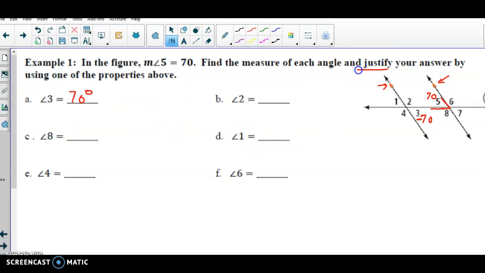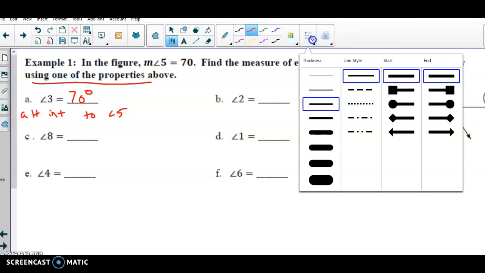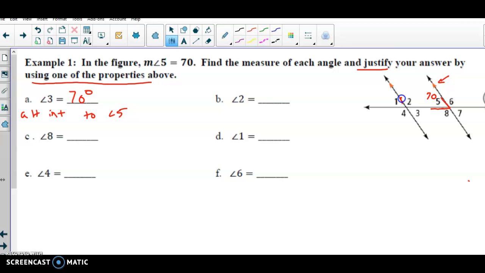Okay, now it says justify by use of property. And I just said it when I was talking about it. It's alternate interior to angle 5, so they're going to be congruent. Now angle 2 is this angle right here.